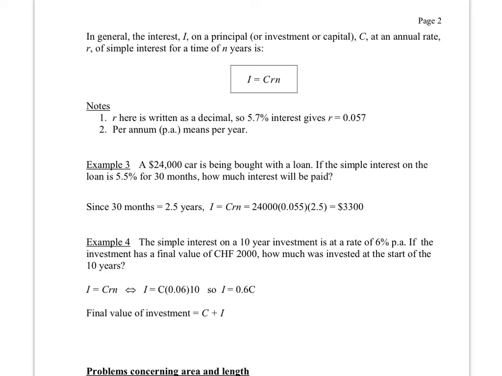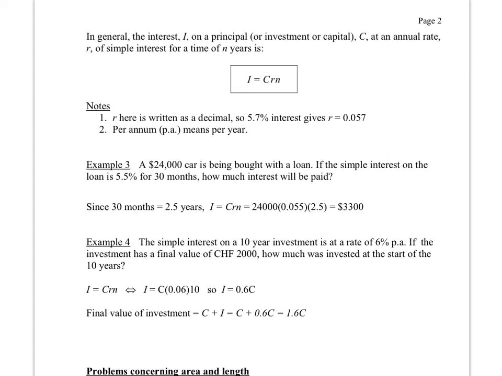And the interest, we've said up here, is equal to 0.6C. So we can replace the I with 0.6C. And then if we've got effectively 1C plus 0.6C, that's going to give us 1.6C.